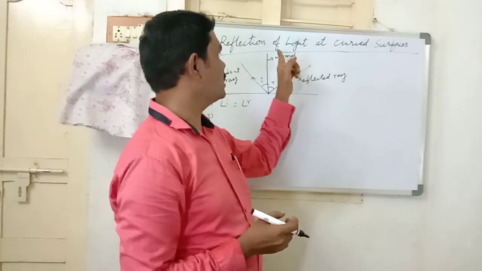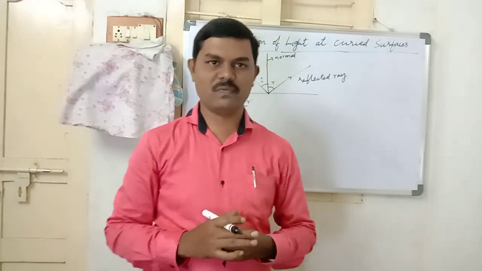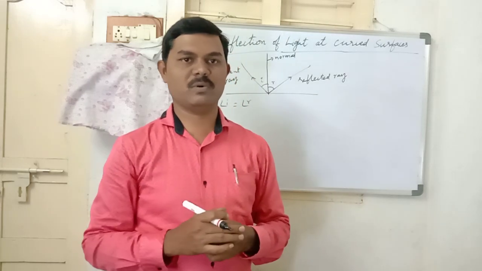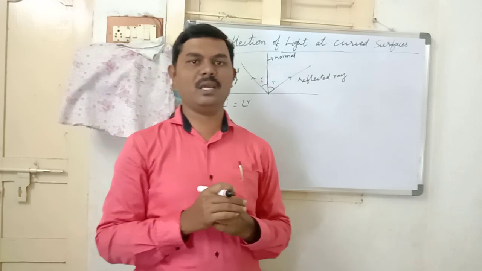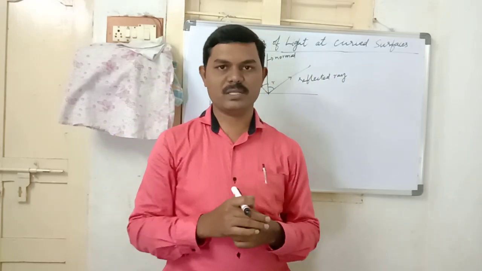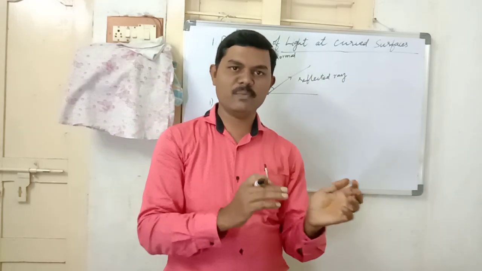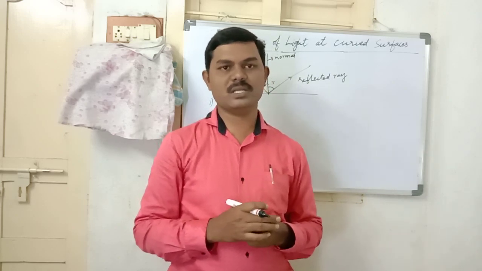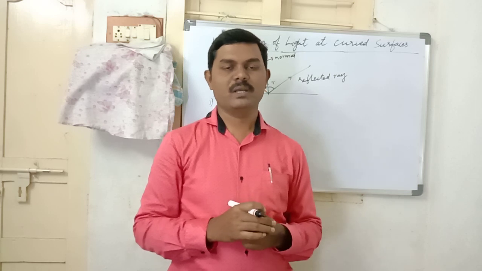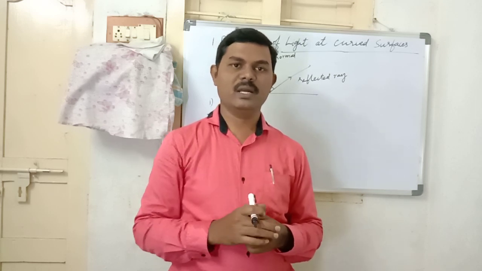But now in this lesson, reflection of light at curved surfaces, we are going to discuss curved mirrors. There are different types of mirrors in our life: concave mirror, convex mirror, plane mirror. In the previous understanding, you know about the plane mirror, but the formation of image will be different.